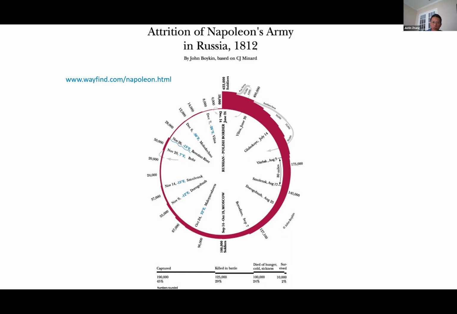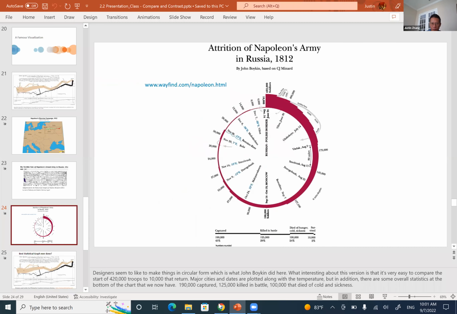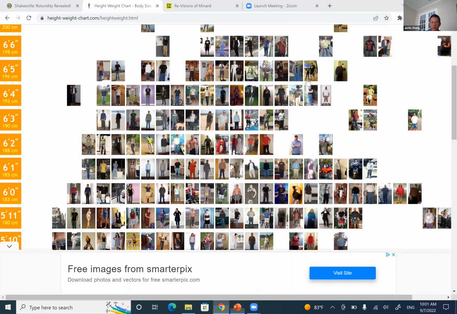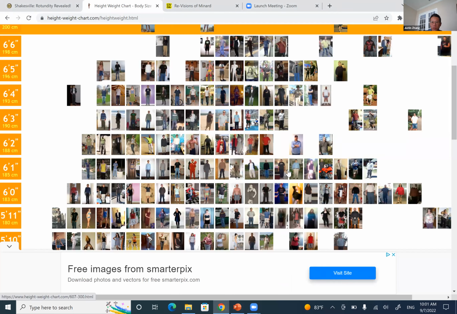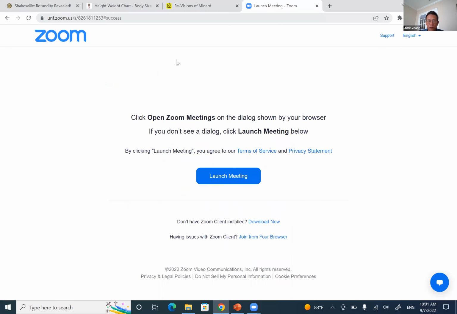There are also many other people trying to redo this famous visualization. So there's a website I want to show you. It's called dataviz.ca.